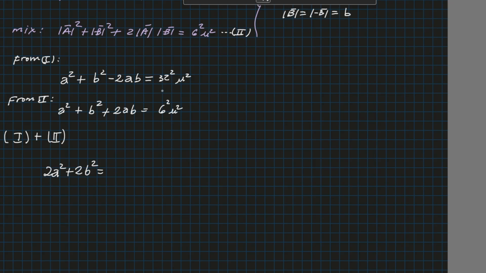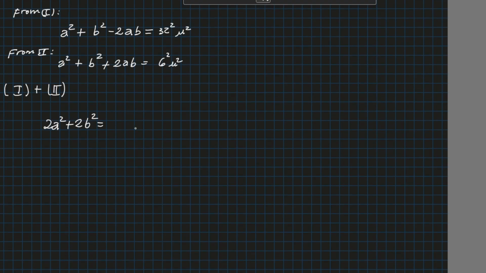So here the addition is 32 squared plus 6 squared, plus 6 square units squared.